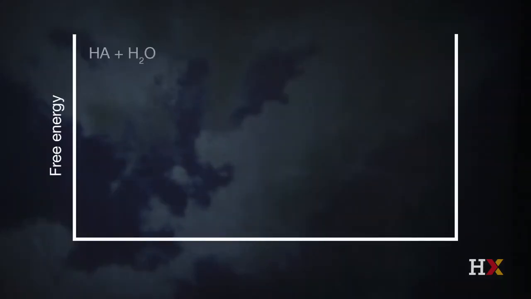But a strong acid is one in which you form virtually a complete conversion of reactants to products. So when we sketch out a general Gibbs free energy surface for an acid reaction, we start out with our initial acid that we drop into water, and then we watch what happens on a Gibbs free energy surface.